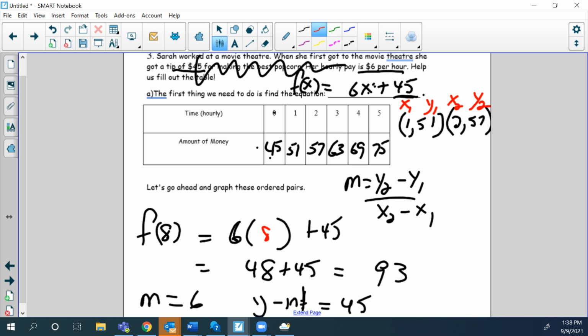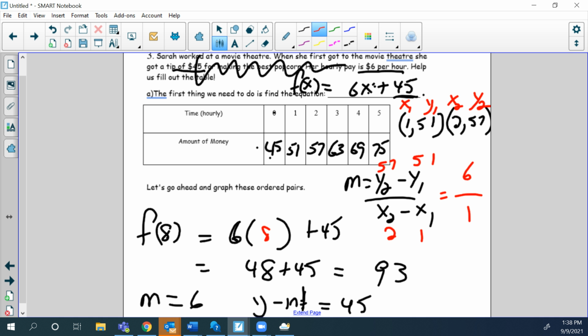All right. And it's plugging my values now. My y2 is 57. My y1 is 51. My x2 is 2, and my x1 is 1. 57 minus 51 is 6, and that's 2 minus 1 is 1. 6 over 1. So that's my slope.